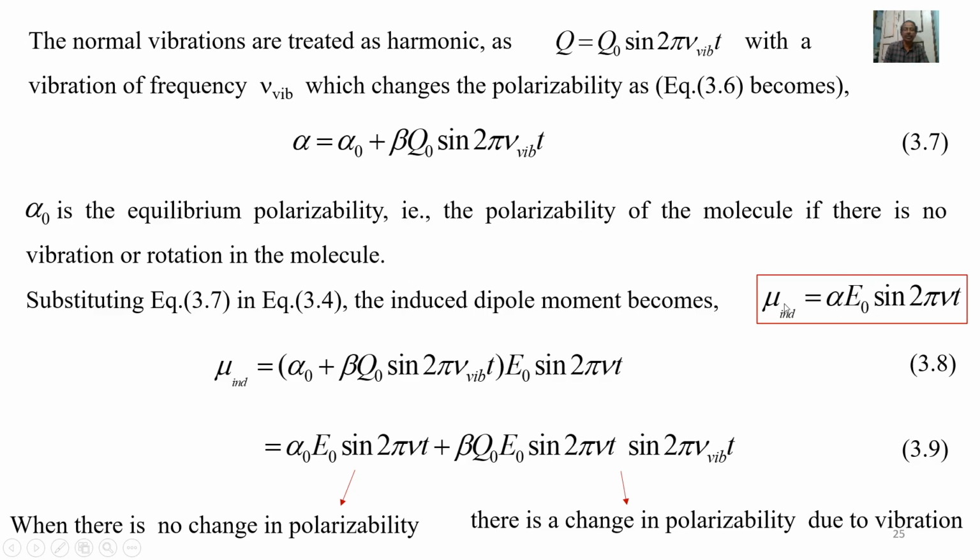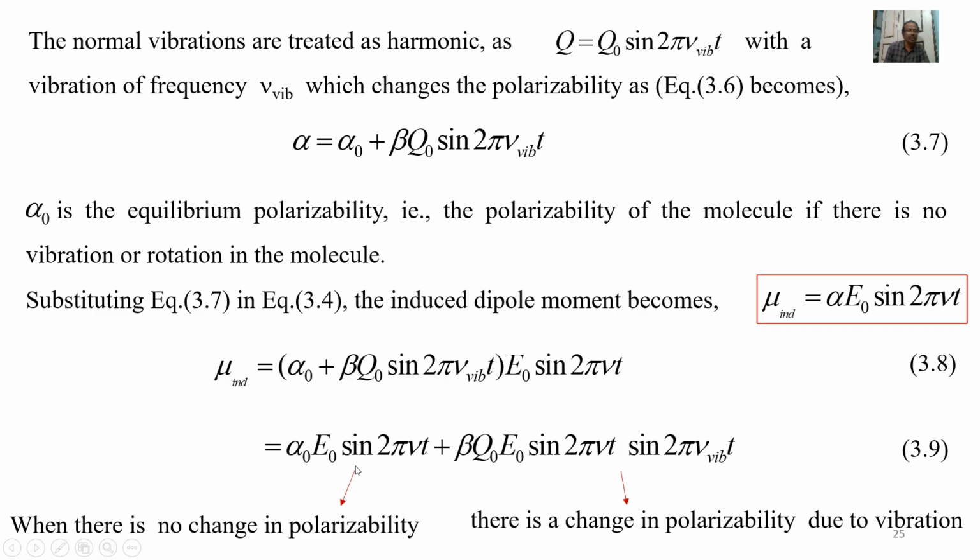the induced dipole moment becomes mu induced equals alpha naught plus beta times q naught sine 2 pi nu vibration times t, multiplied by E naught sine 2 pi nu t. So this equation 3.8 becomes alpha naught E naught sine 2 pi nu t plus this term multiplied by this term, so we have this second term.